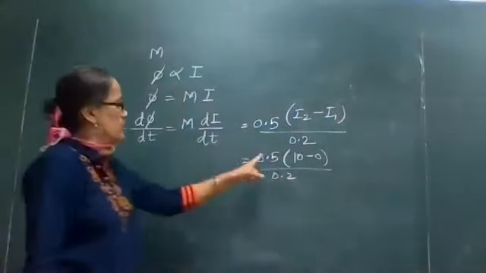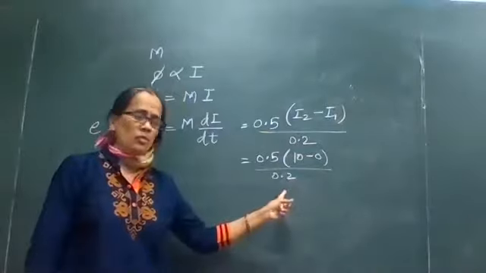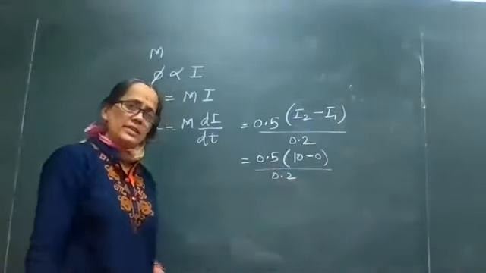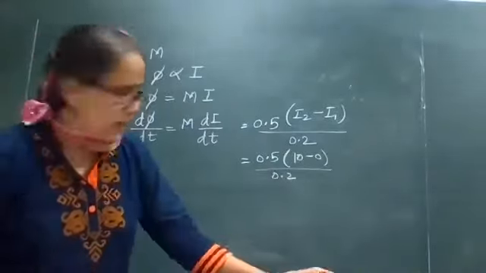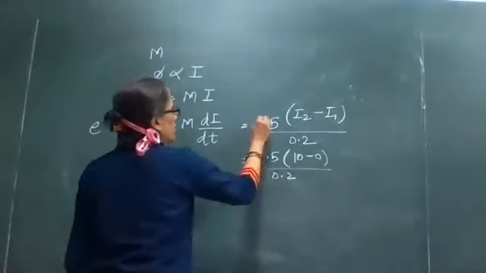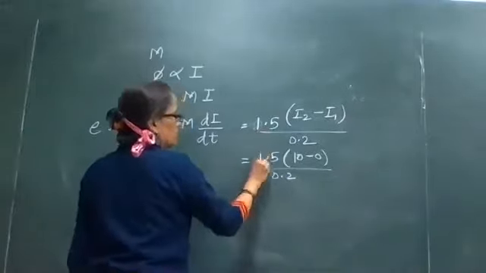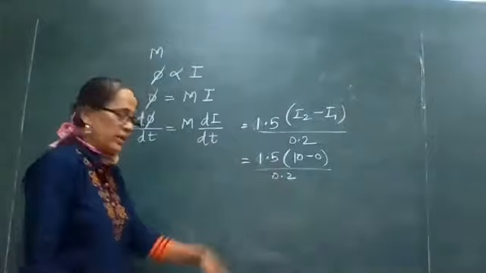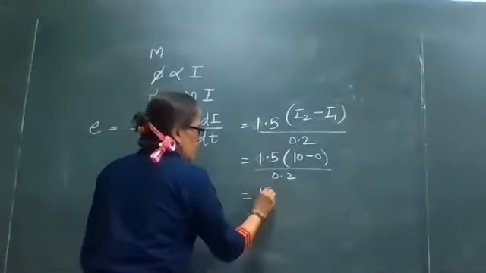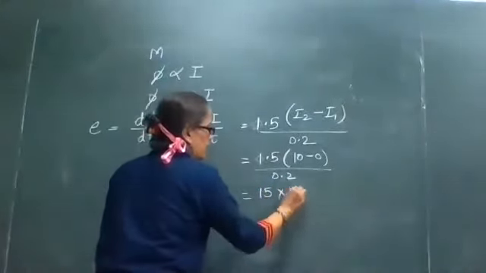So here what happens? 1.5 divided by 0.2. Decimal point will get cancelled. If decimal point will get cancelled, so automatically, sorry, your mutual inductance is given 1.5. So what I am getting? Decimal point will get cancelled, means I will get 15 multiplied by 10 upon 2.